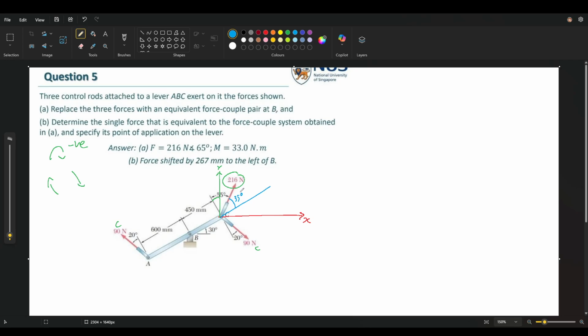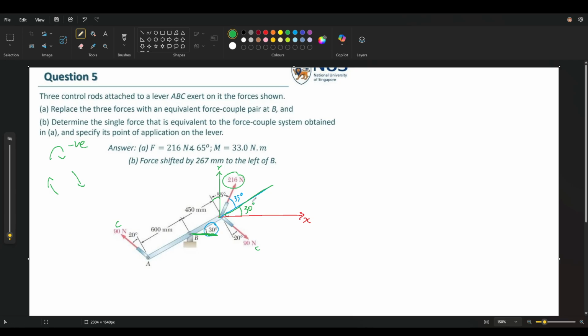Then I also know that bar ABC is tilted at a 30-degree angle. And this blue line is also parallel to ABC. And then this black line over here is parallel to our x-axis. So I can safely assume that this is 30 degrees.